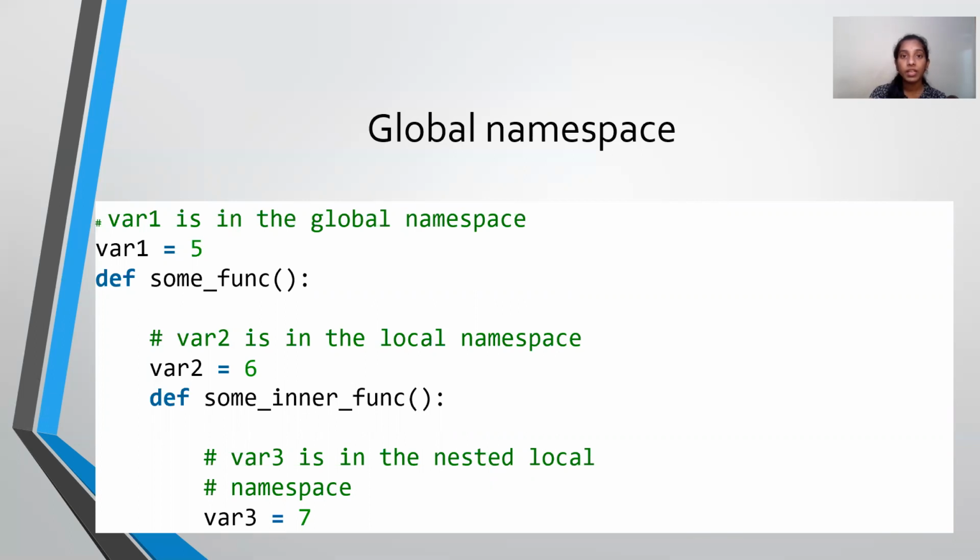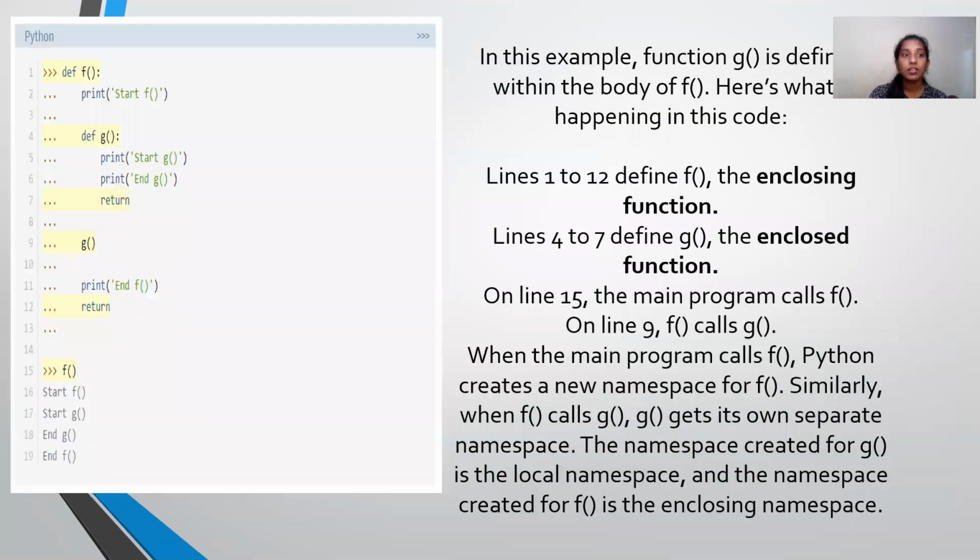The next types of namespace are the local and enclosing namespaces. Let's understand this enclosing and local namespace by the following code. In the following example, function g is defined within the body of the function f. Let's see what is happening in the code.